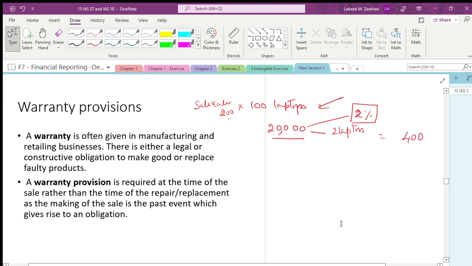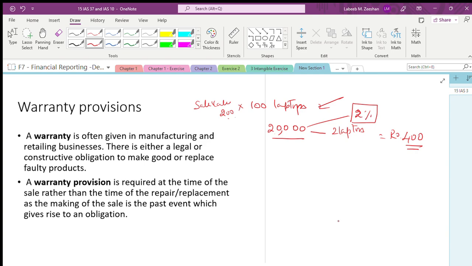If you create a provision of 2%, we are keeping aside 400 riyals, expecting that probably there will be some claims.